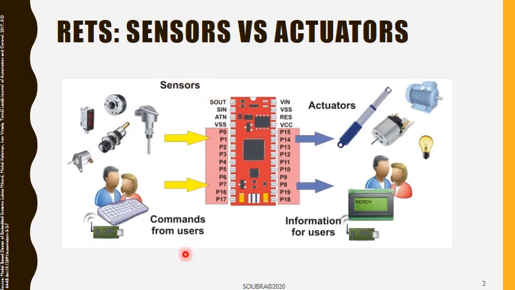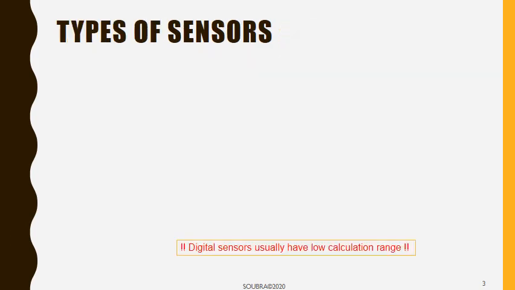We need the sensors to sense the environment, and these will be connected to the ports programmed as inputs, and then the ports that are programmed as outputs are destined to be connected to the actuators. We're going to dive into details about the different types of sensors and actuators.